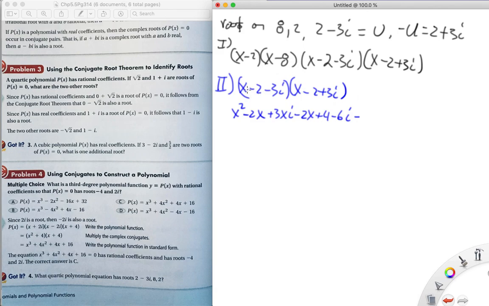Wait, I've done this bad boy wrong. Then plus 6i minus 9i squared. Remember, i squared means negative 1. So this goes, this goes.